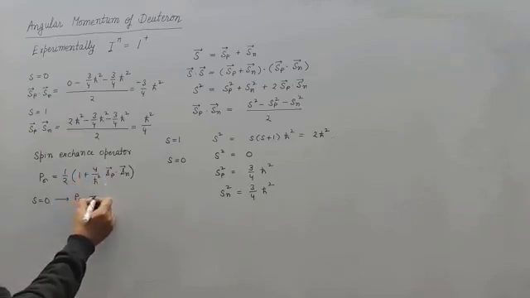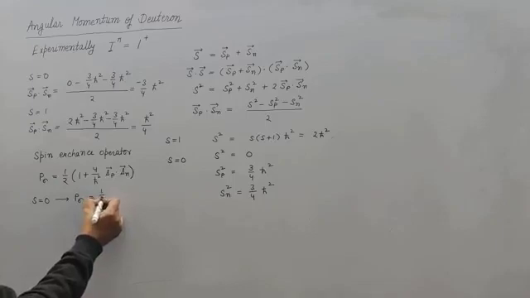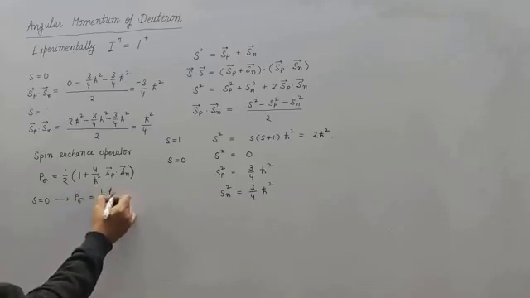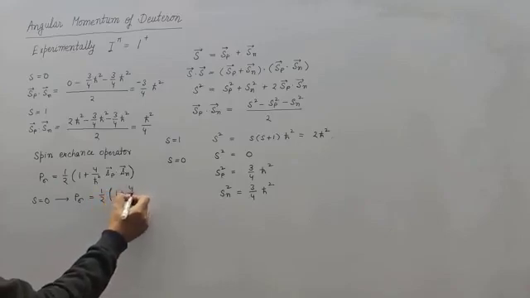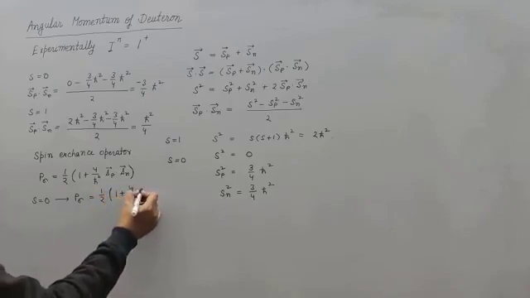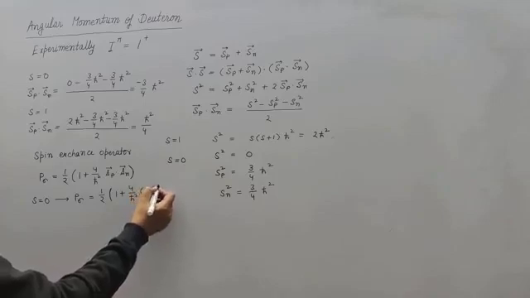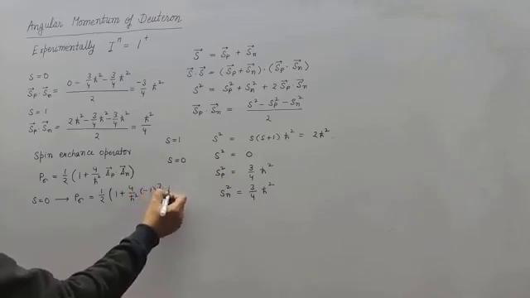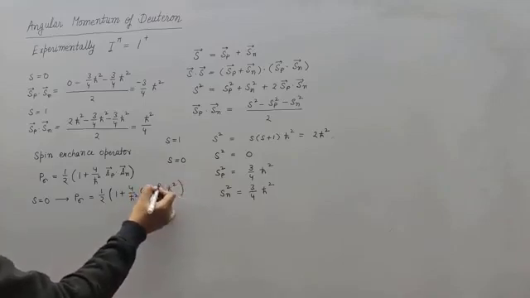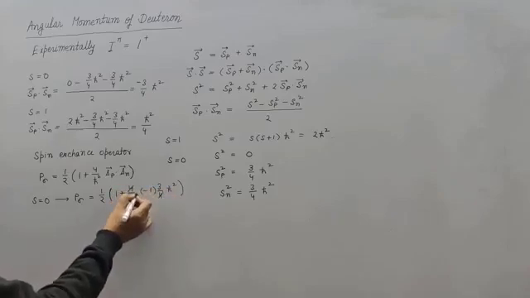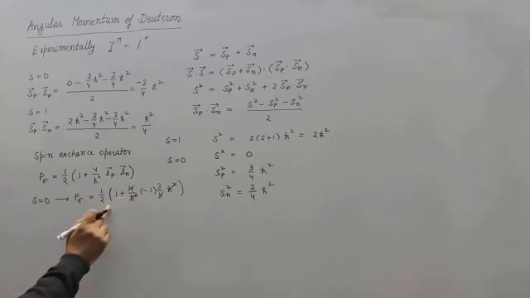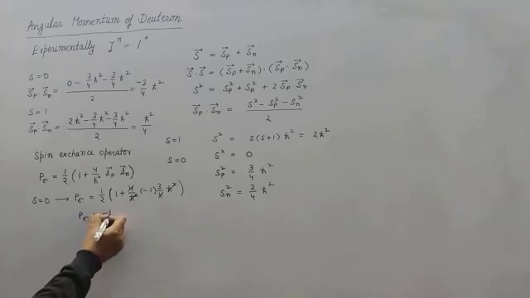So this will be 1/2 (1 minus 3). The 4 will cancel out, the ħ² will cancel out, and we will have minus 2 divided by 2, so minus 1. So P sigma will have the value minus 1.